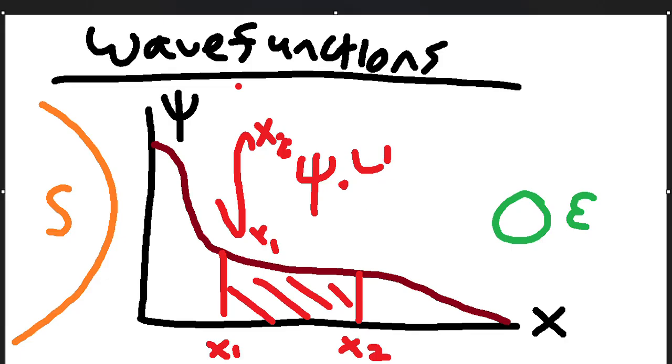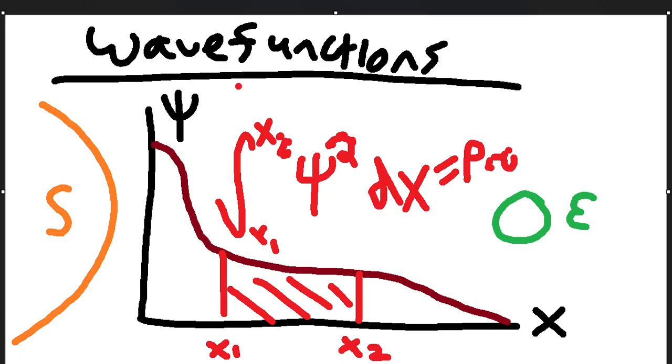I better remove that to not be confusing. Technically, there's more steps to this, but I'm not going over them. Anyway, the point is that if we integrate over this wave function, it will give us the probability of finding the particle there.